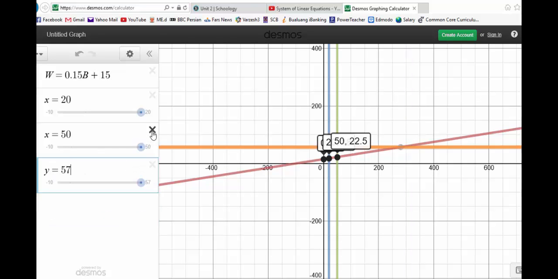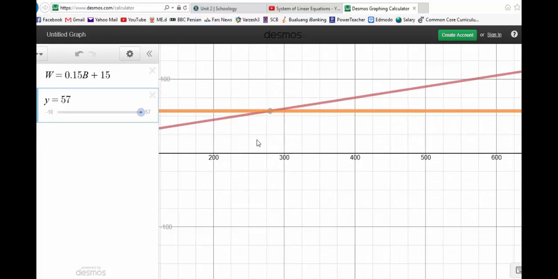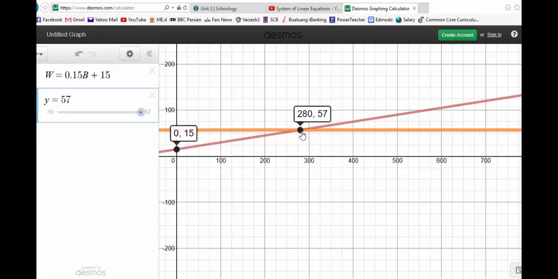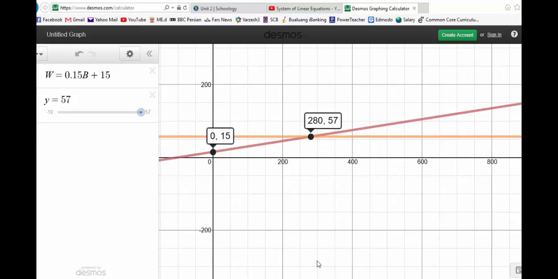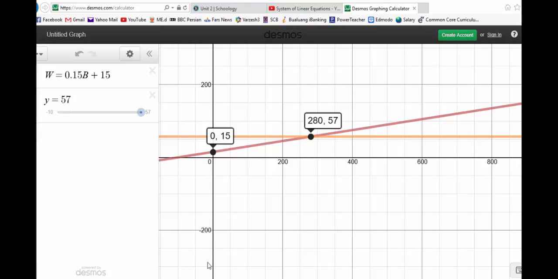If I clean this up a bit, you see if y equals 57, then the total bill was 280, so the customers paid 280 and she got 57, and the answer is b equals 280.